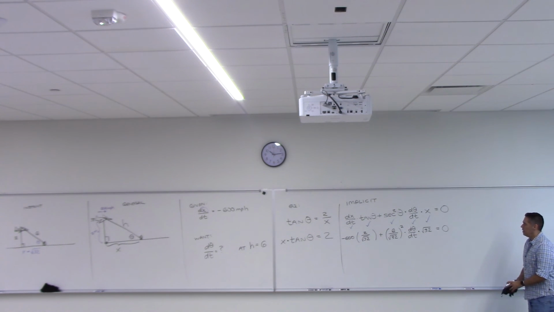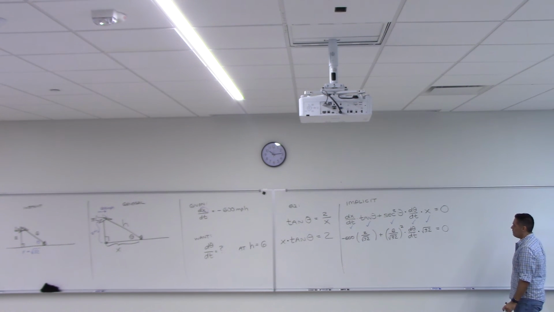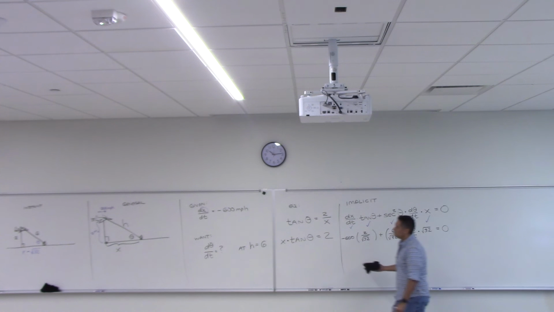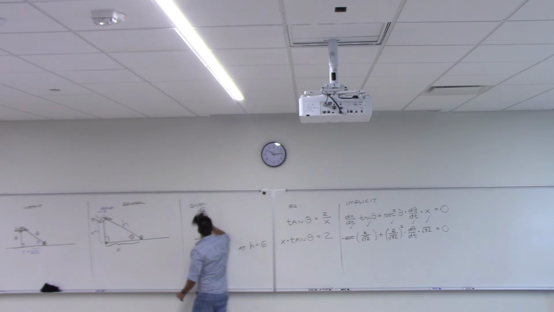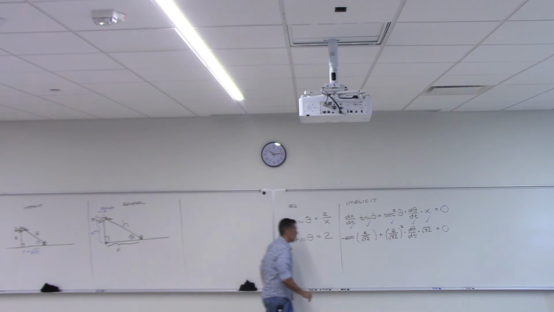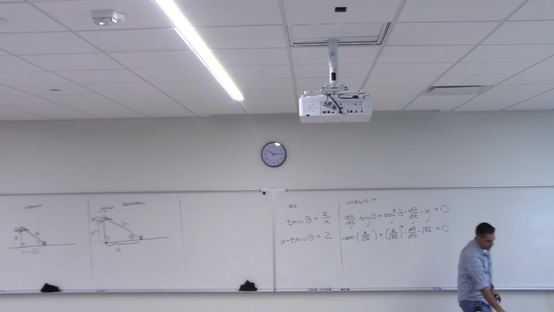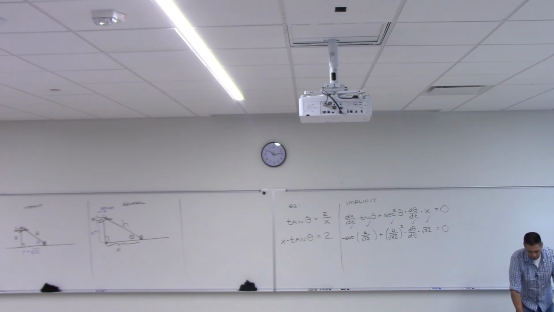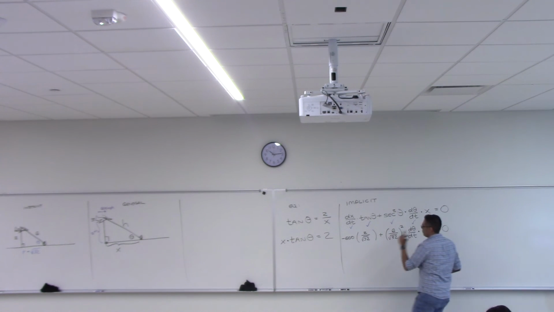It's ugly, but it is what it is. I'm trying to think of how I want to do this. I'll just get a calculator. I could try to get an exact answer, but the calculator I think will be better here. So first I'm going to figure out what this is.